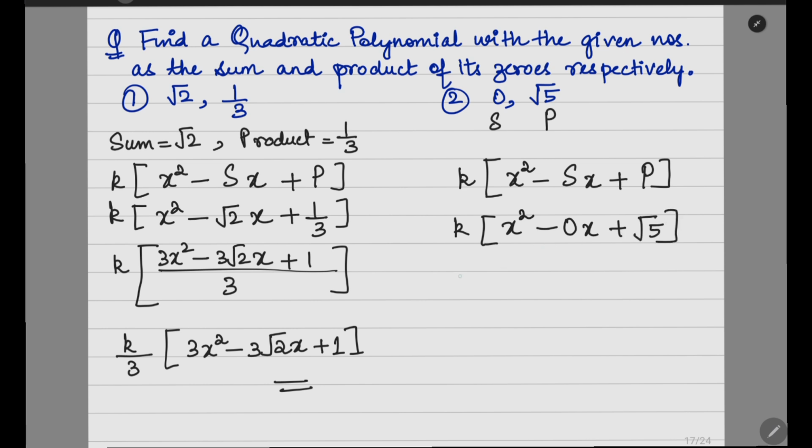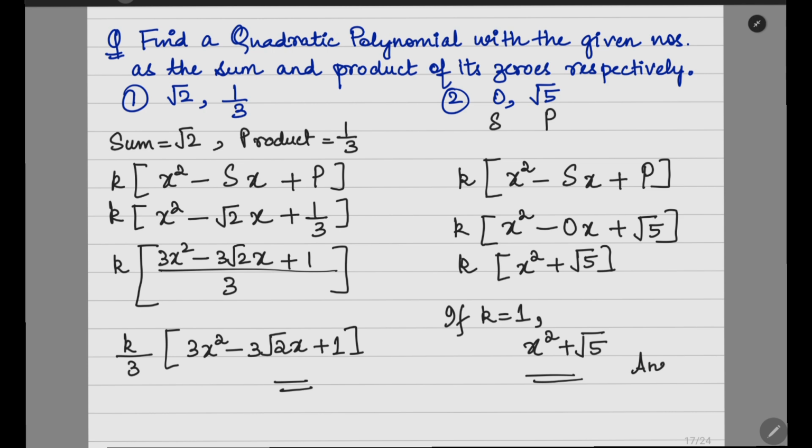Since the middle term's sum is 0, you will not have any value. It will be x square plus root 5. You can also write, if k equal to 1, the polynomial is x square plus root 5. That's the answer.